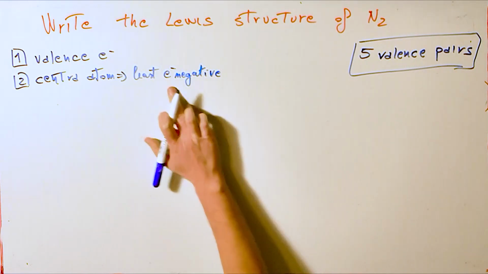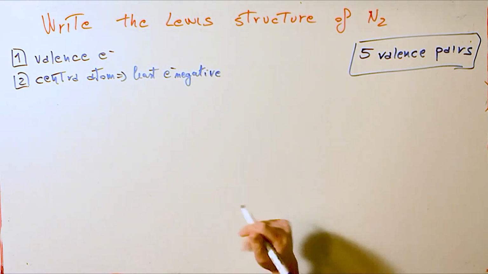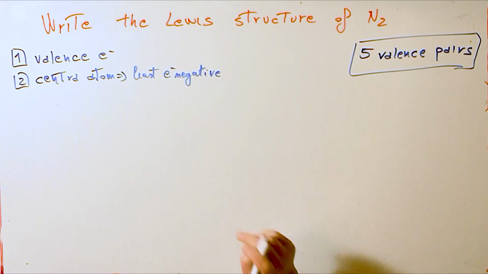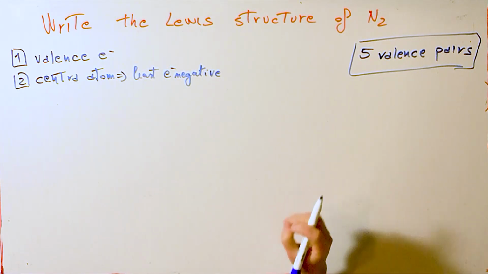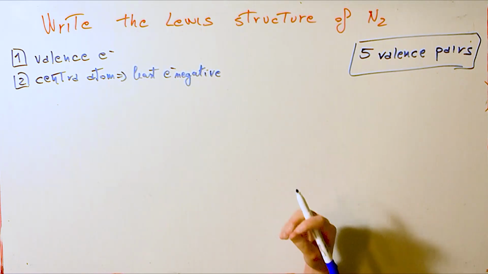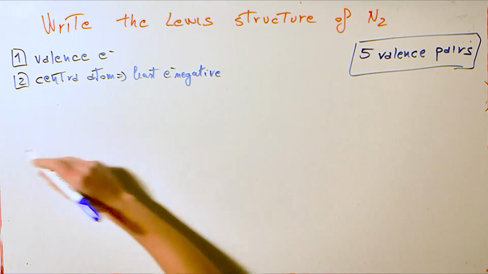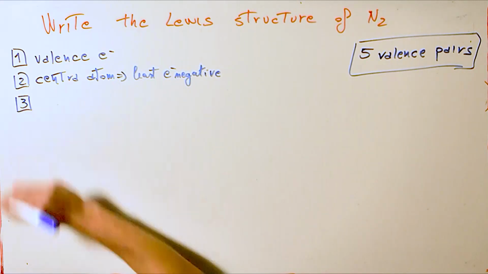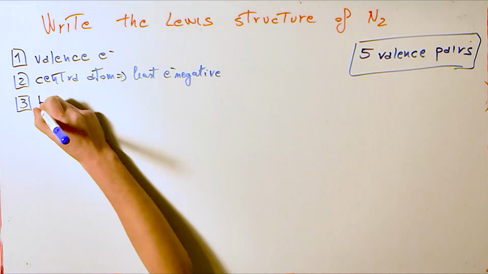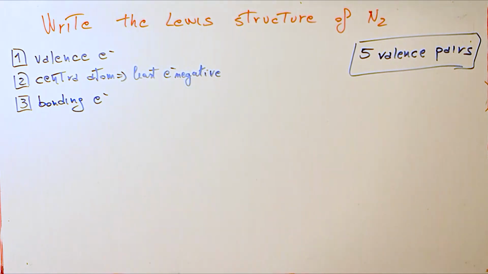Now, of course, electronegative cannot be written like this, it's just that I'm using abbreviation, okay, to speed up. Now, what is the central atom in this case? In this case, we don't have central atom because this is a binary molecule, so we don't have that, okay? We can skip that and go to the third rule, which is about bonding, the calculation of bonding electrons.